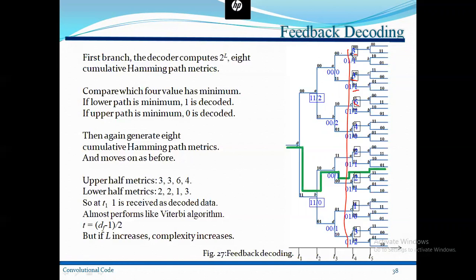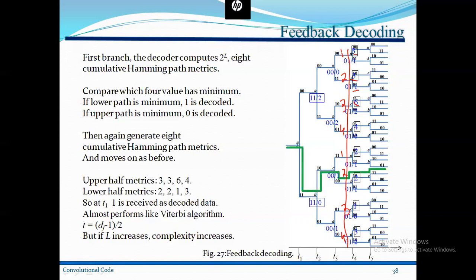This branch has 1, 2, 3, 4, which emerges at T3 time. And we have 1, 2, 3, and 4 for this lower block.